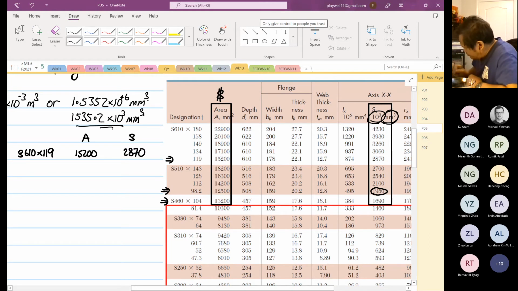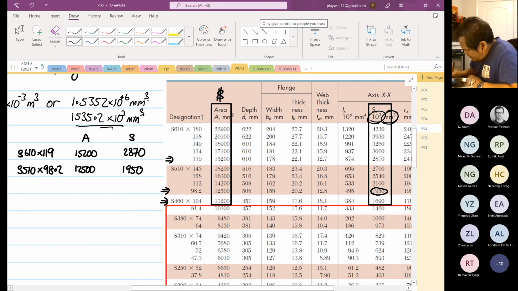The other one you can use is S510 by 98.2, and the area is only 12500, and the S value is at 1950.